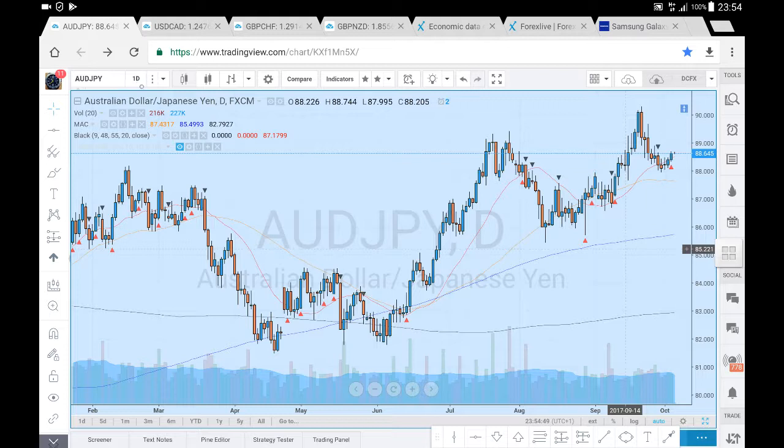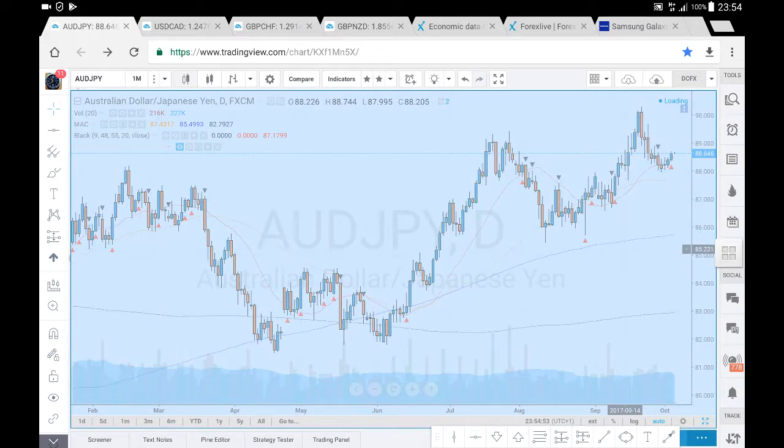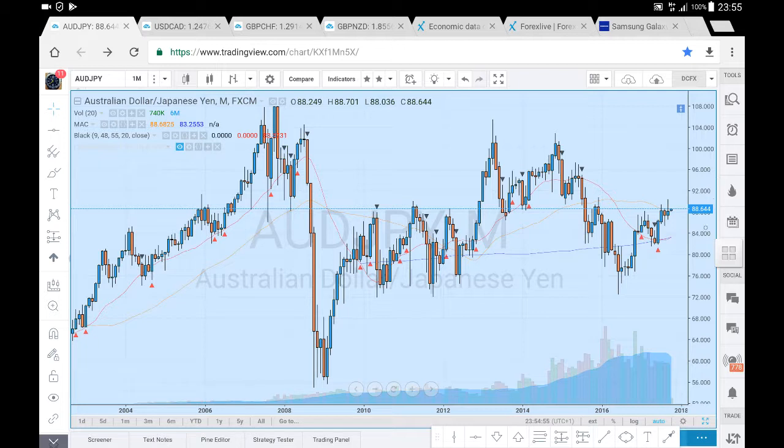Now, because I was cautious to take the short initially, let's have a look at the monthly time frame and see where we are. On the monthly time frame, as you can see, over here we did have a signal, all the way in June to go long, and my short trade was in contradiction to this.